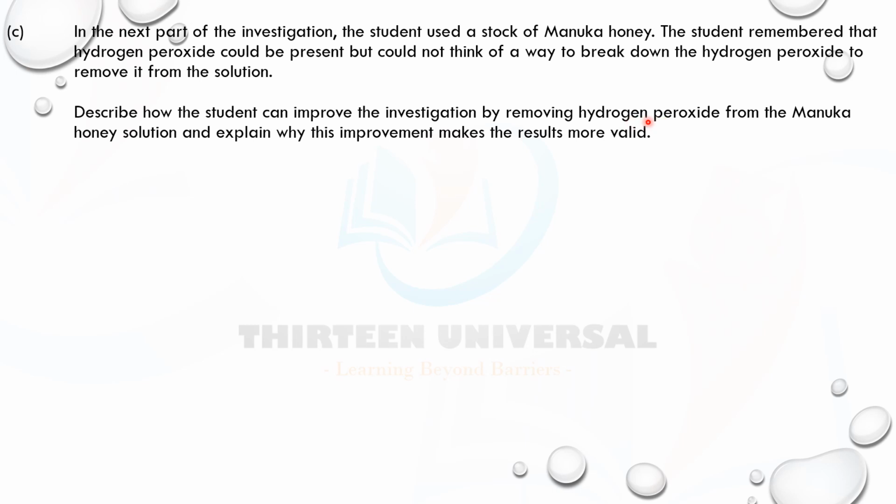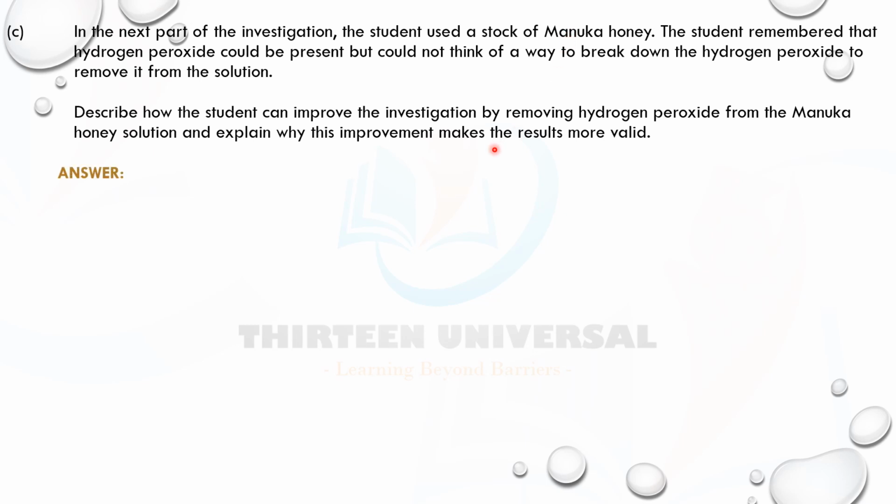Catalyst, yeah, catalyst enzyme. So treat the Manuka solution with catalyst enzyme, or peroxidase. Is that okay? Or any other chemical. And then, of course, why are you doing that? Because you want to ensure that bacterial growth is only affected by Manuka, not hydrogen peroxide.